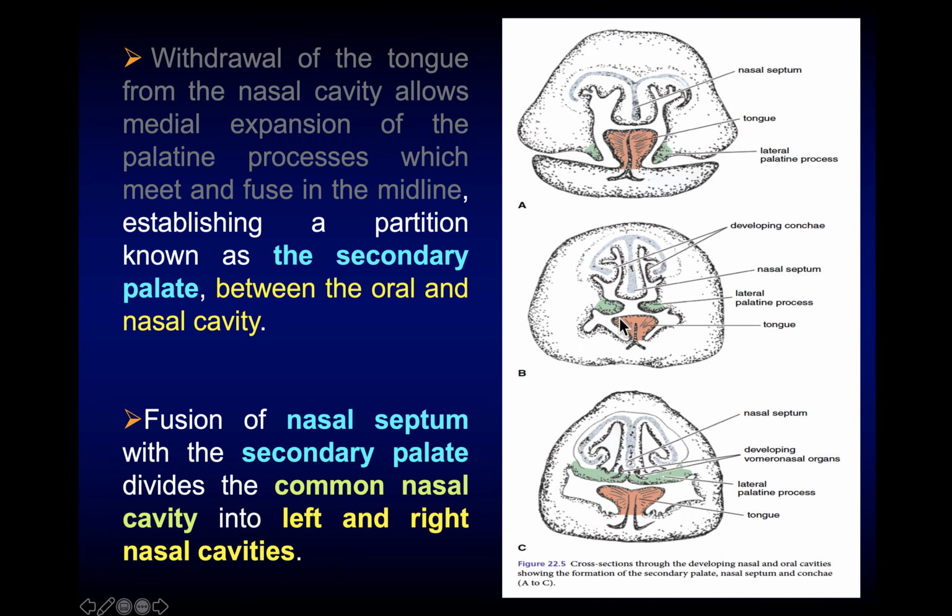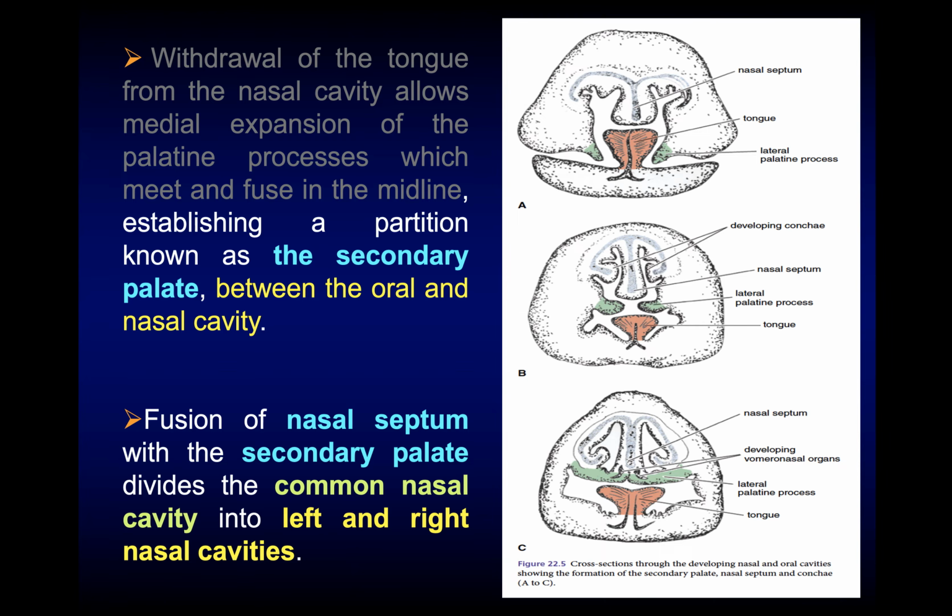We have the nasal cavity and we have the oral cavity, and we can see that these two lateral palatine processes come together and fuse together. This fusion will result in the formation of the secondary hard palate.